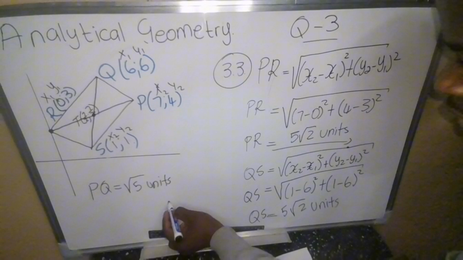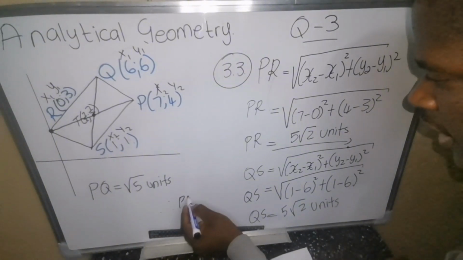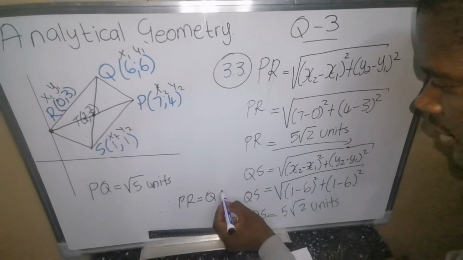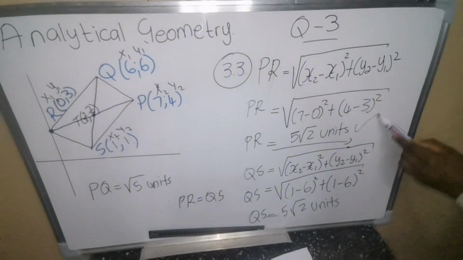Therefore, you conclude, therefore PR is equal to QS. You have proven it. They are telling us the lengths are equal. That's how you prove it, guys. I hope you are clear on that one. Let's go to the next question.